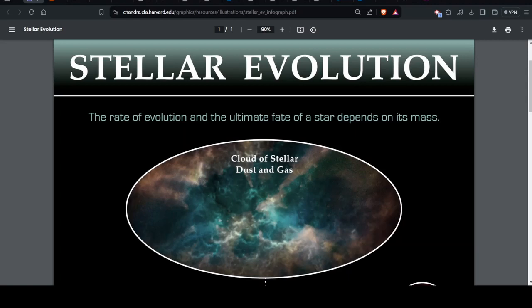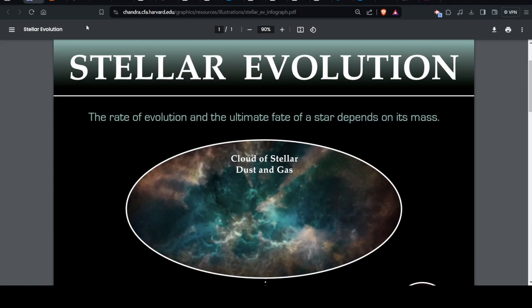So what we're looking at now, if you're watching, is a really cool poster that they put together of stellar evolution. So what we do is we're starting with a cloud of stellar dust and gas. Throughout all the universe, there's just big clumps and pockets of dusty materials, very fine particles of gas and dust.